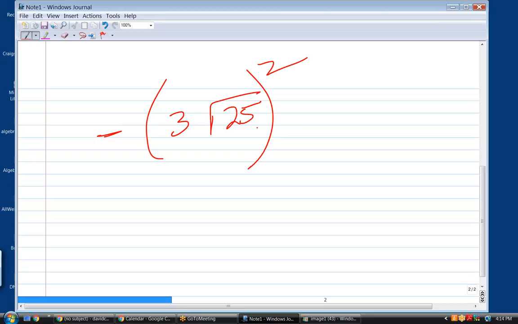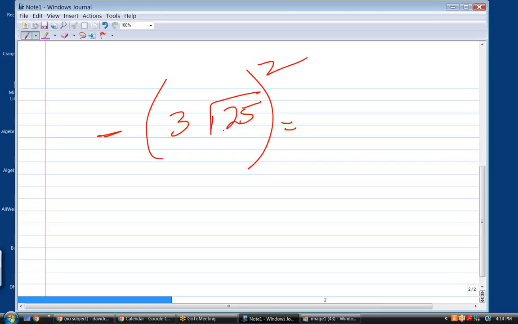So what do I get when I do this? Basically, there's an easy way to do this. Square that, multiply the two together. What do you get? Is it 9 square root 225?